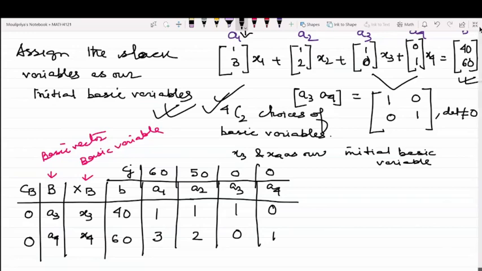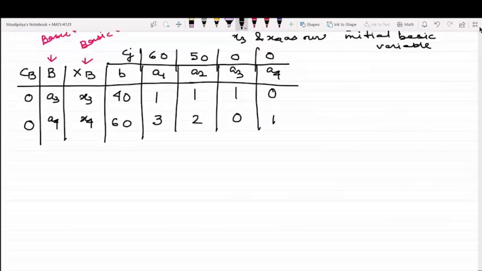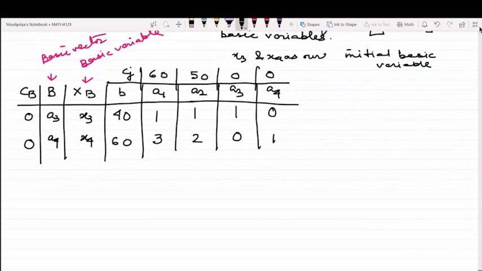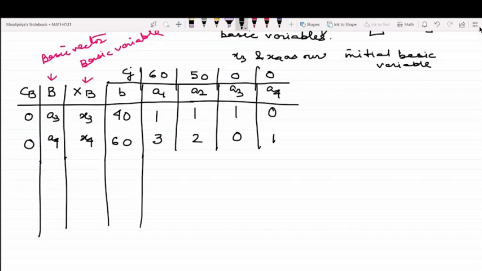Please do let me know whether you are all okay with this first table that I have drawn. Are we all okay with the first tabular structure?